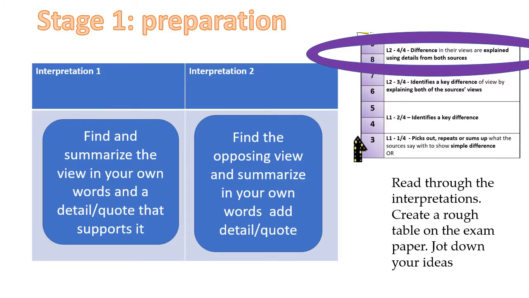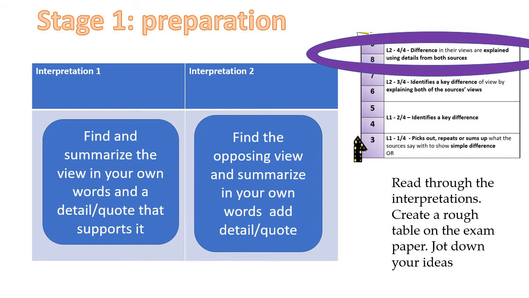Okay, Year 11. Now we need to do stage 1, which is preparation. So I need you to draw a very simple table into your books with interpretation 1 on one side, interpretation 2 on the other. Then, once you've read interpretation 1, you need to find and summarize the view it has on the consequences of the Munich Putsch in your own words, and then find precise quotes and details from the interpretation that have allowed you to come to that view.